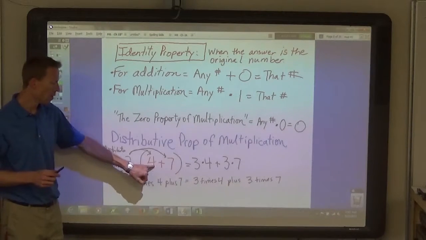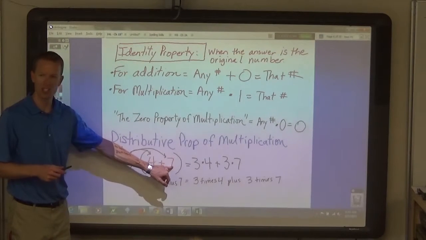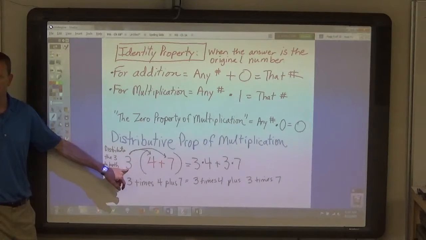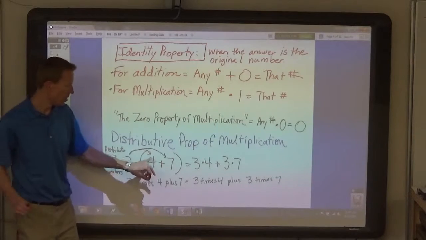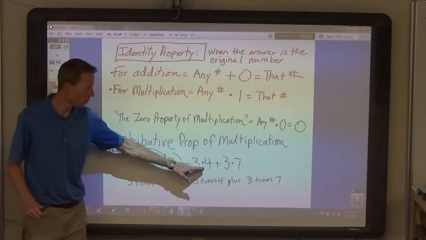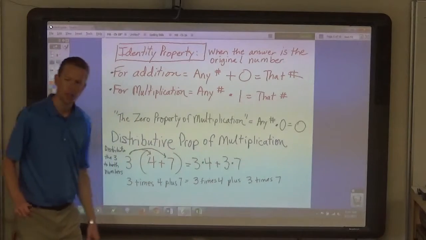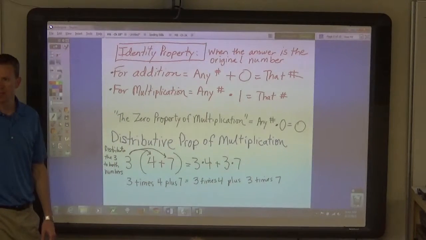So we could either do 4 plus 7, which is 11, times 3. What's 11 times 3? Roy? 33. Right? Or we could do 3 times 4, which is 12. 3 times 7, which is 21. And then add them together, and you also get 33. Okay? That's called the distributive property.